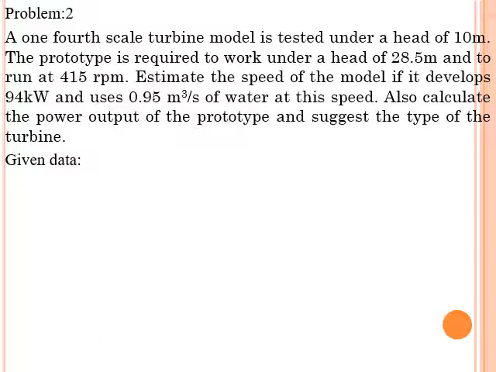After reading the given problem, write the given data here. So here the 1/4 scale turbine model is given. So for that reason, the ratio of diameter of model to the diameter of prototype is taken as 1/4.